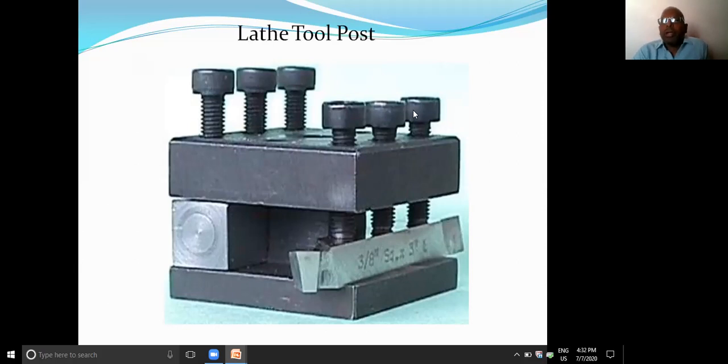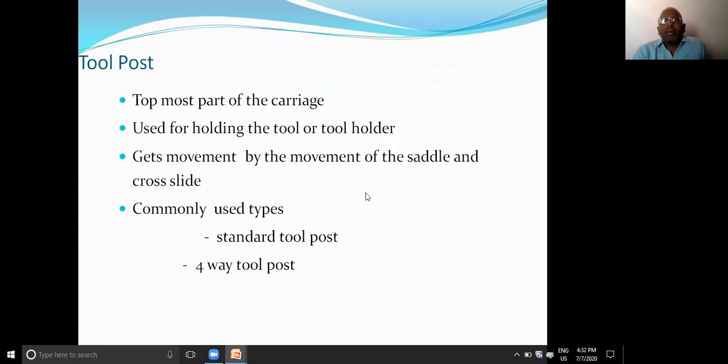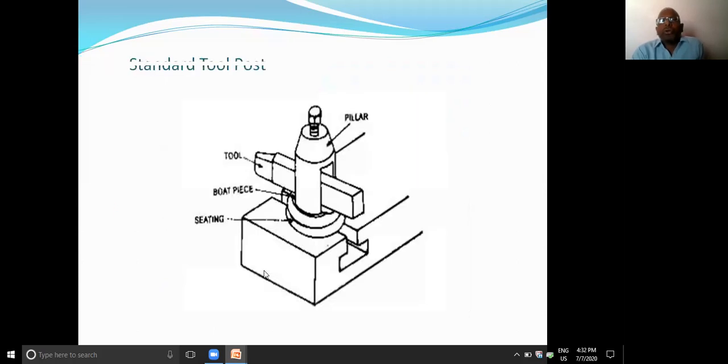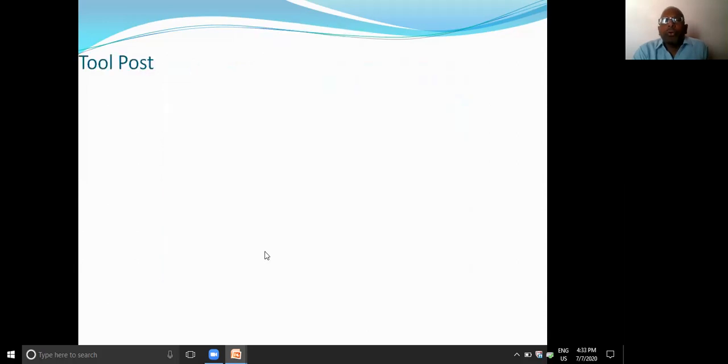So these are the two important lathe tool posts: one is the standard one and the other is the 4-way tool post. Why is it called the 4-way tool post? Because it carries 4 cutting tools.